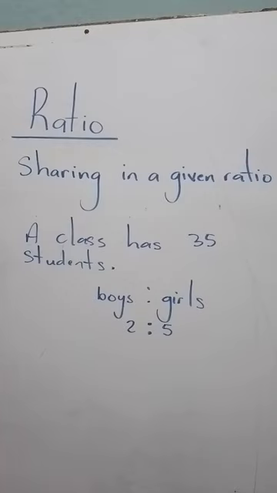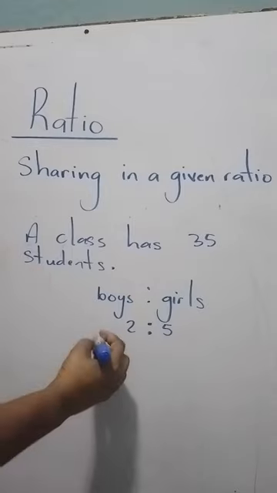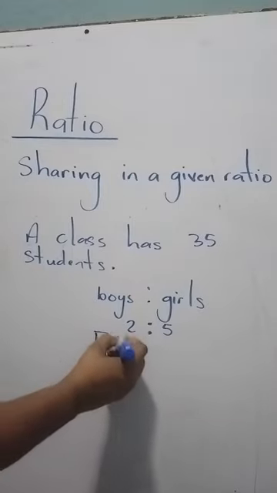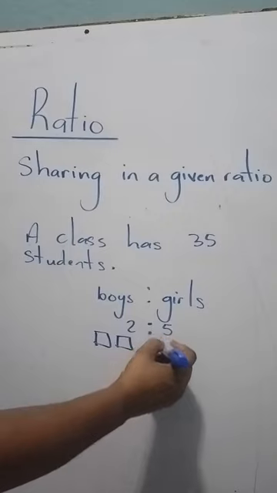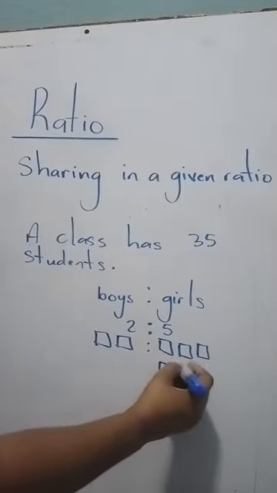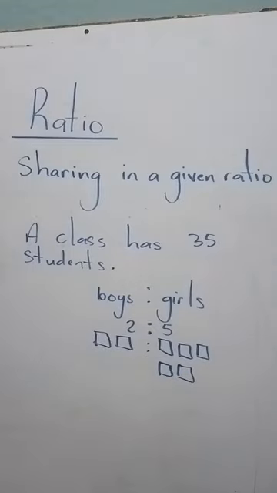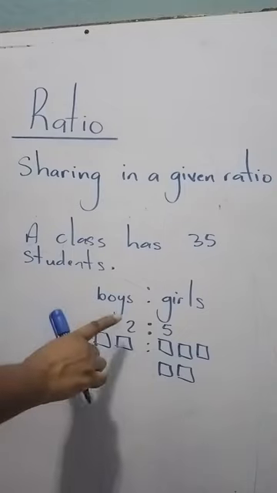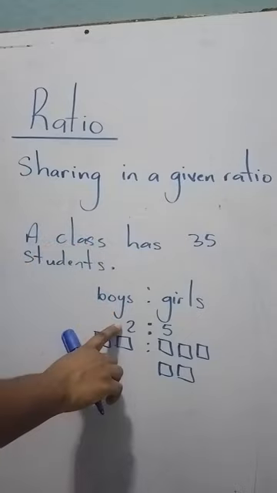Now, when we are sharing, what does it mean? For every 2 over here, there should be 5 over here. Now, if it's 35 that I'm going to be sharing, 35 students, and I want to know how many students should I have in each group, such that for each one that I will get is 2 boys to 5 girls.